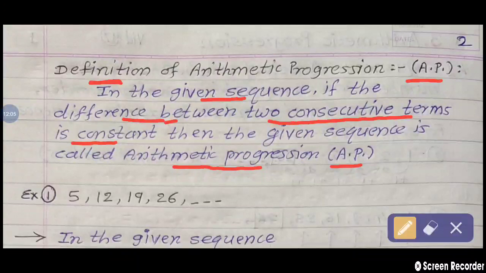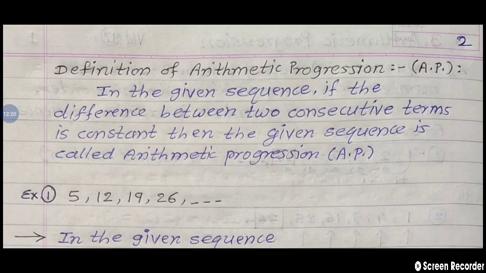Very simple meaning of arithmetic progression is given here. In the given sequence, if the difference between any two consecutive terms is constant, then the given sequence is called arithmetic progression, in short AP.